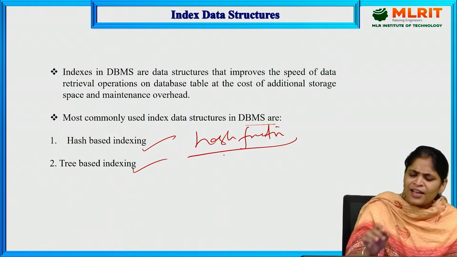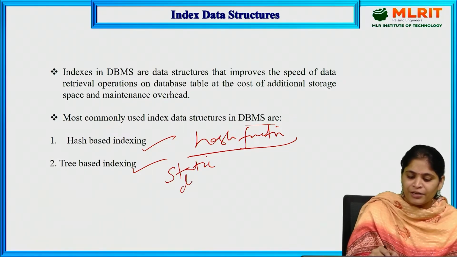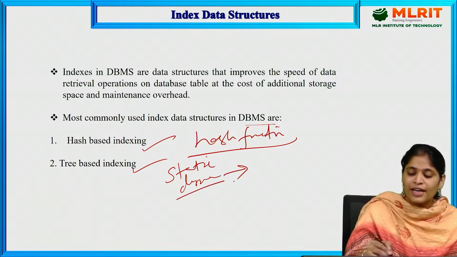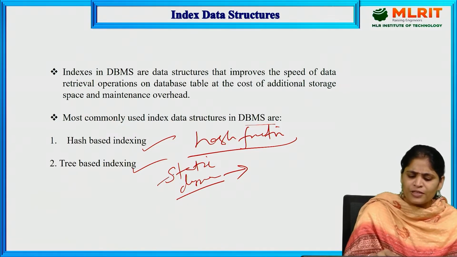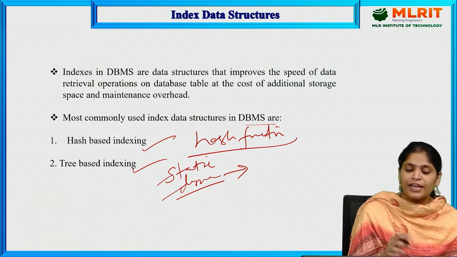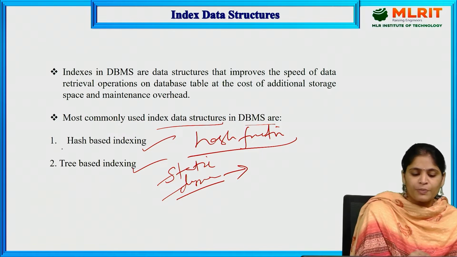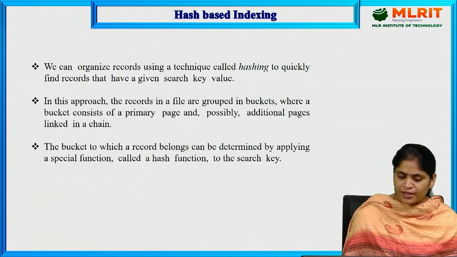Hash-based indexing is categorized into two types, which we have already discussed: static and dynamic. Dynamic is also called extendable hashing. These topics were discussed in previous sessions, but mainly index data structures are classified into two types: hash-based indexing and tree-based indexing. Let us discuss hash-based indexing first.